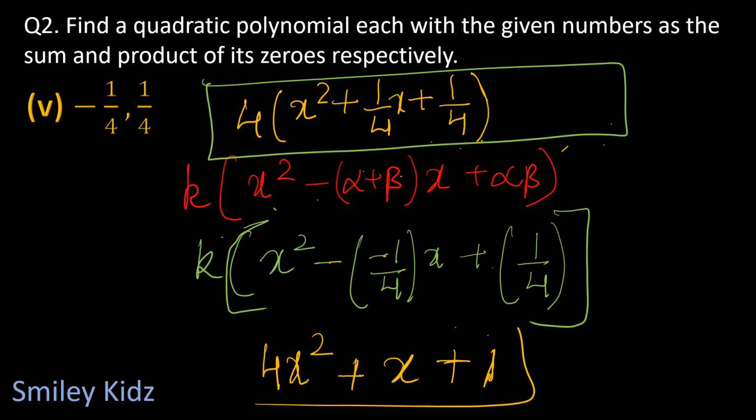Then we result in this particular expression 4x square plus x plus 1 because 4 into x square is 4x square plus 4 into 1 by 4x is going to be x and 4 into 1 by 4 is 1, isn't it? Now my required quadratic polynomial is 4x square plus x plus 1.